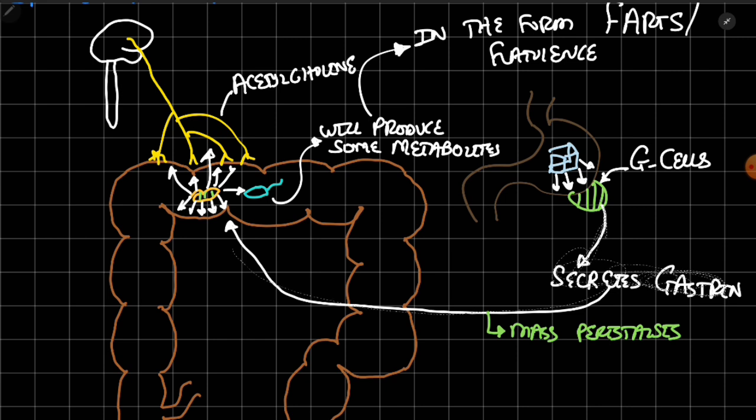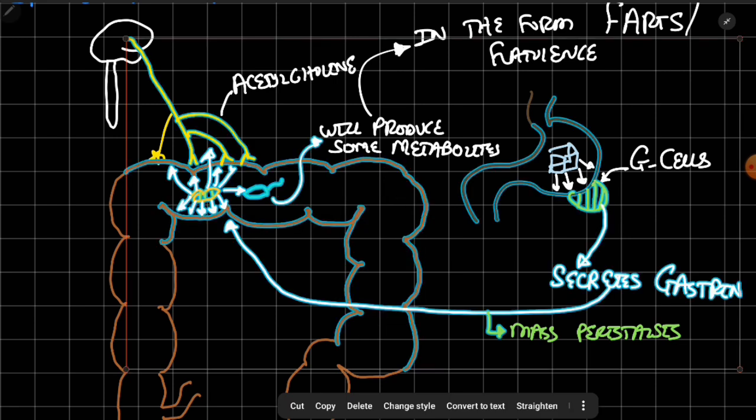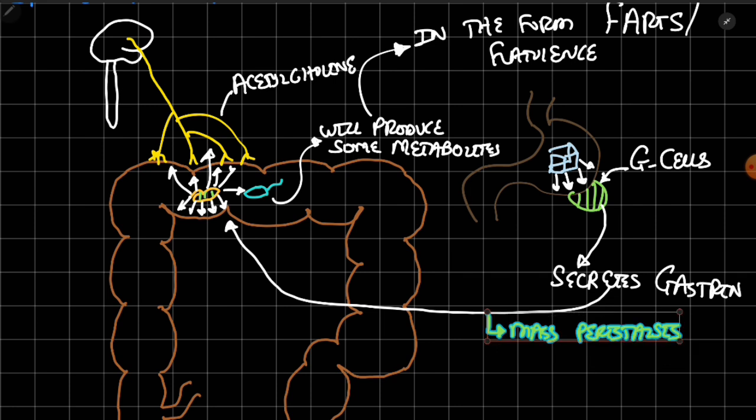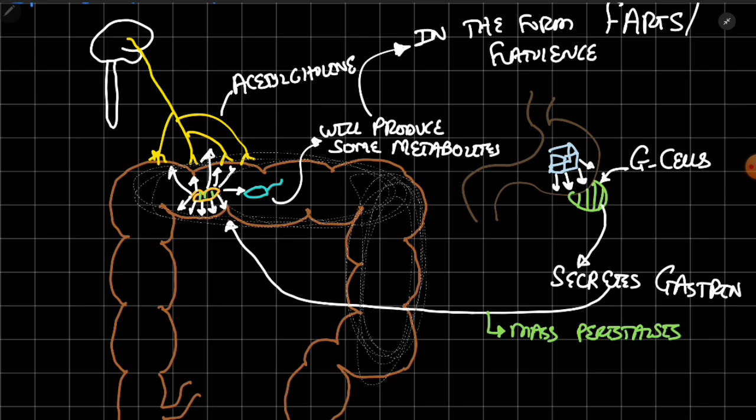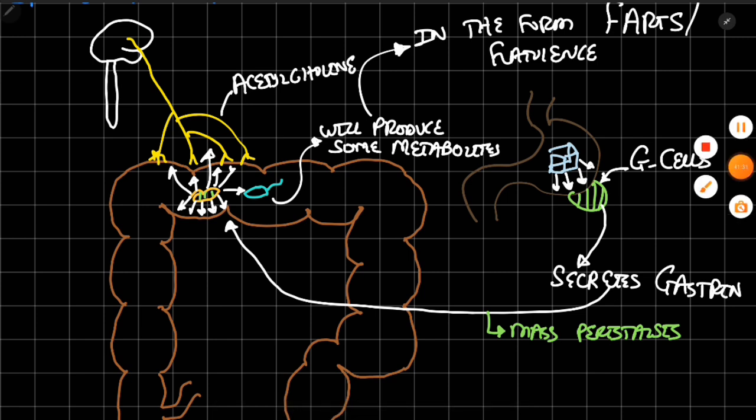The gastrin will go to the large intestine, basically the transverse colon and also the descending colon. The procedure occurs in both parts, and mass peristalsis occurs.